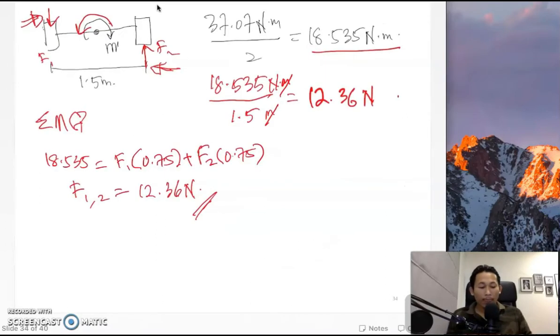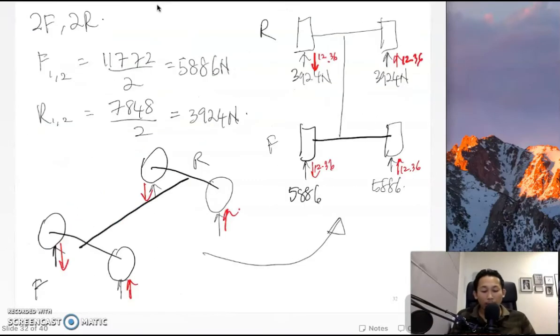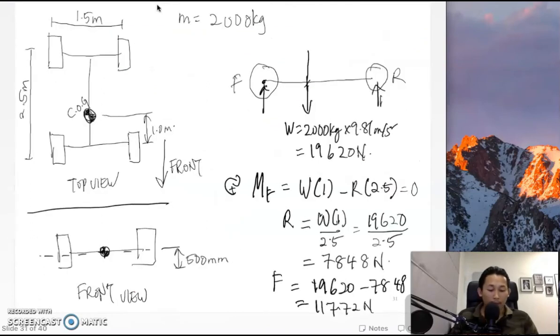Okay, that one is from the wheels, and we also have our gyroscopic couple from the engine. This is from the front view.